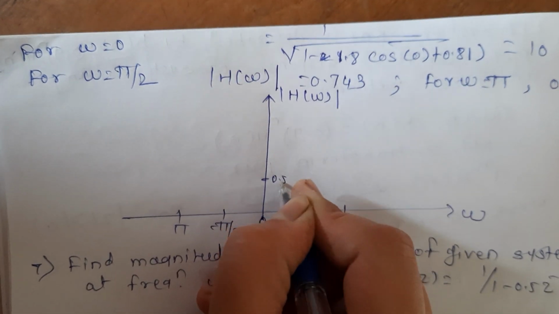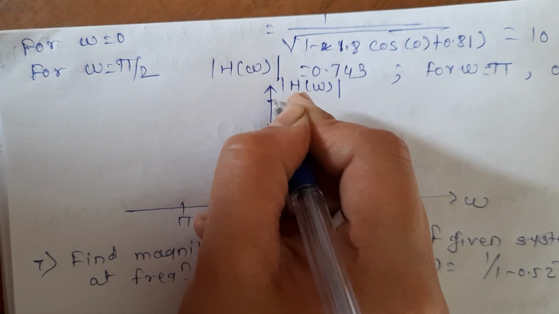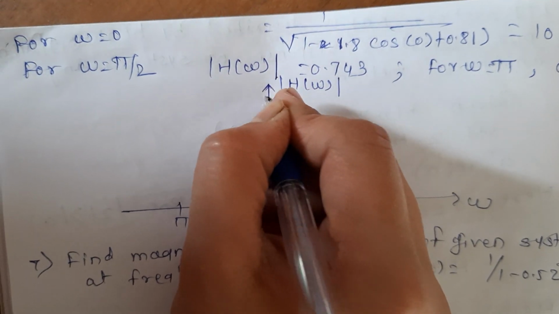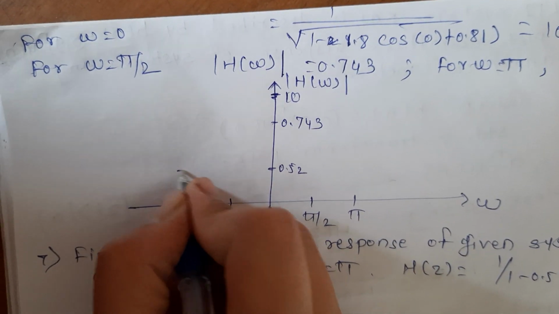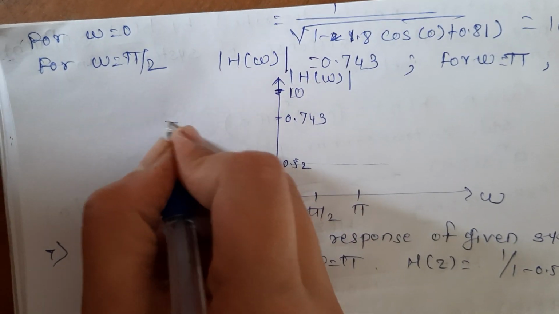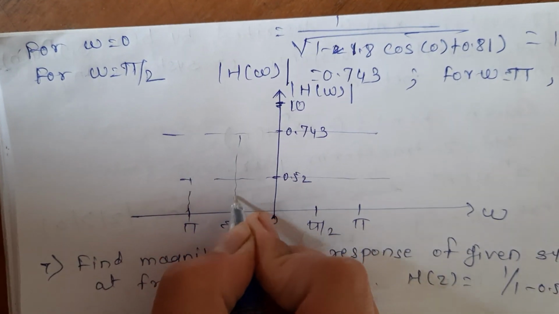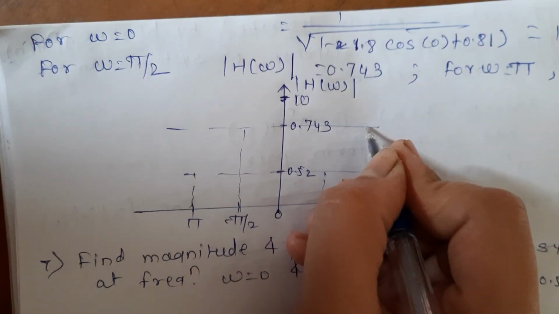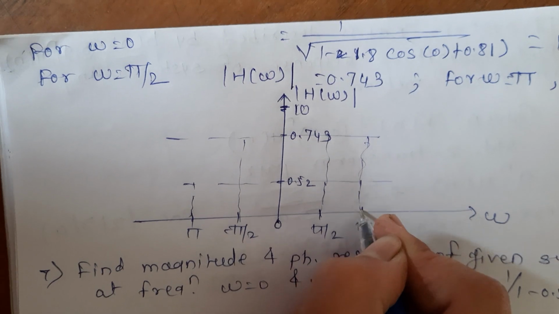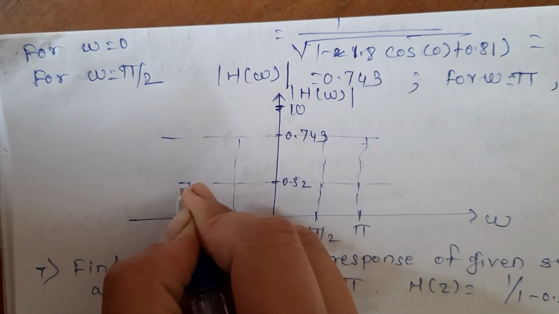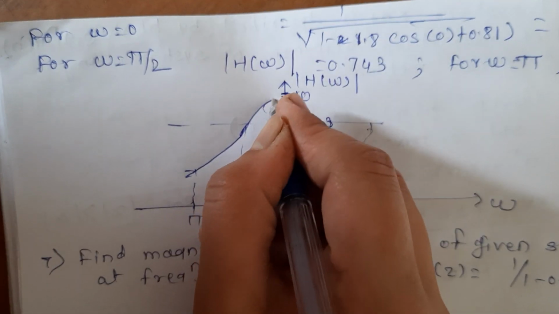It is 0.52 and it is 0.743, here it is 10. So the graph is like this.